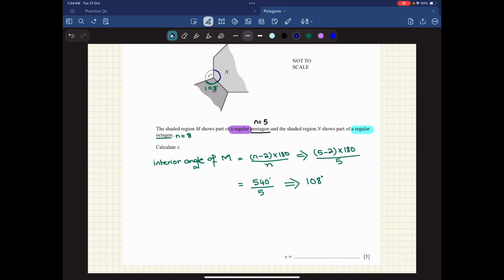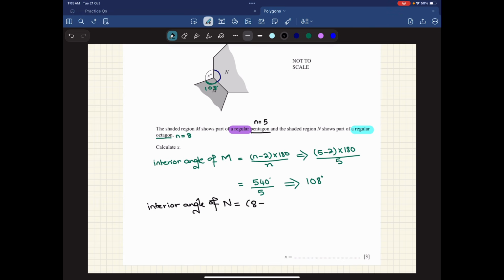Okay, so let's calculate the interior angle of n. So it's n minus 2 into 180 divided by n, and we know that the value of n is 8.